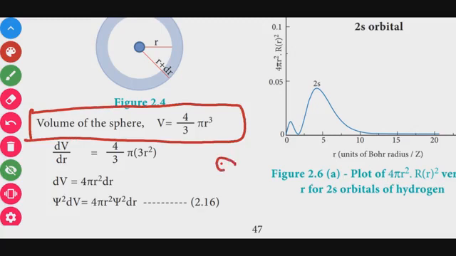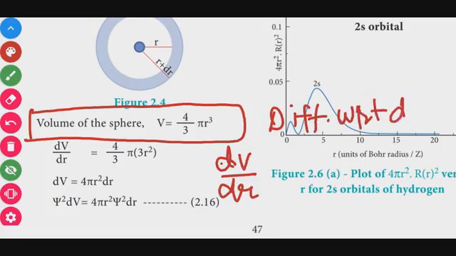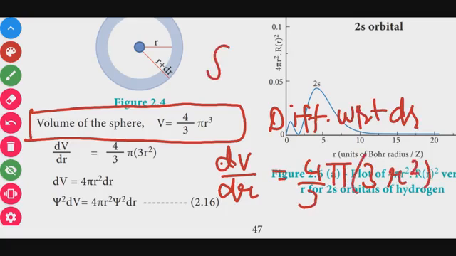Differentiating with respect to dr, dv by dr equal to 4/3 pi times the differentiation of r cube, which is 3r square. இது எப்படி வந்ததுன்னா, if you are going to differentiate x power n, it is n x power n minus 1.